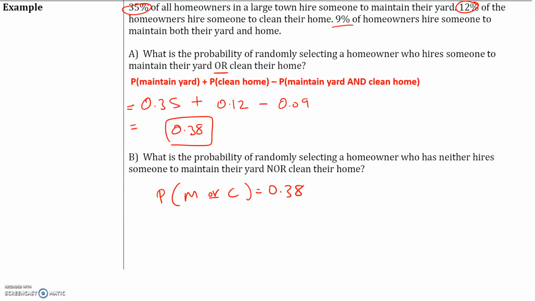So the probability that the homeowner has neither someone to maintain their yard nor clean their home is going to be 1 minus 0.38, which is going to be 0.62. Because this is the probability that it's one or the other. So for it to be neither, it can't be one or it can't be the other. So it's going to be the complement of the first event, which is going to be 1 minus 0.38, or 0.62.